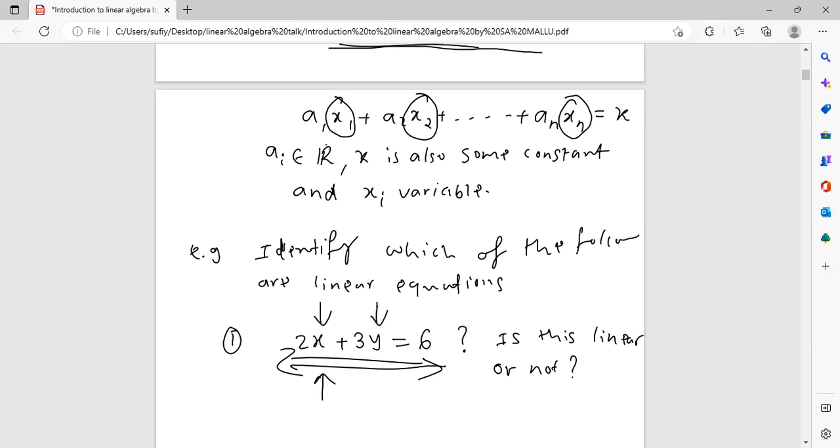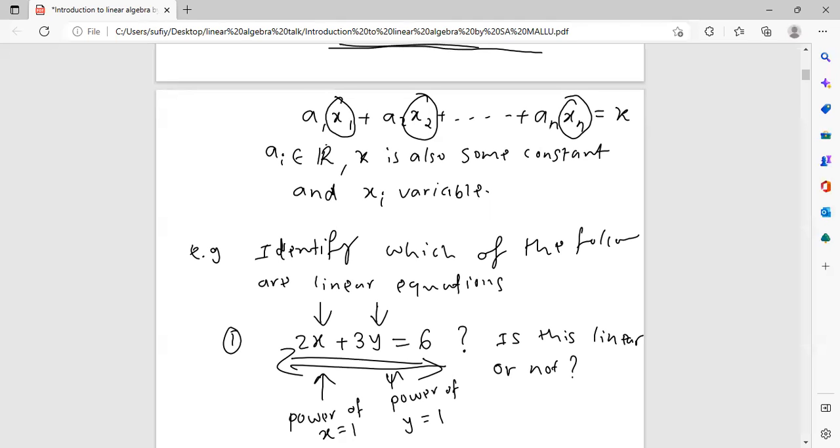What is the power of x? The power of x is equal to 1. You all agree with me? Then the power of variable y, in other words the exponent, is also equal to 1.